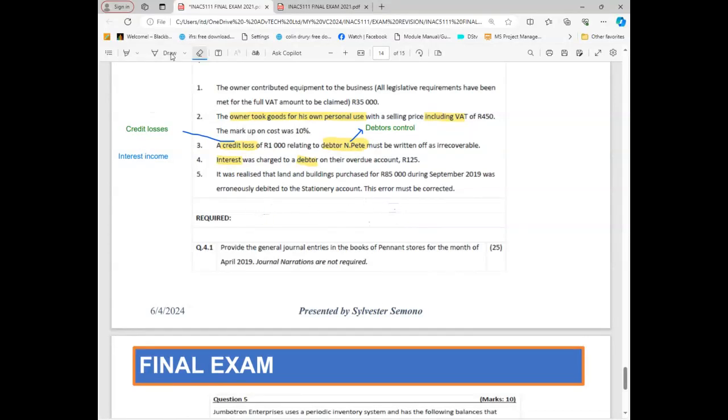Okay, so I'm gonna put this here so that you can understand. Interest income or interest received obviously is an income, and I've got debtors control, which is an asset.